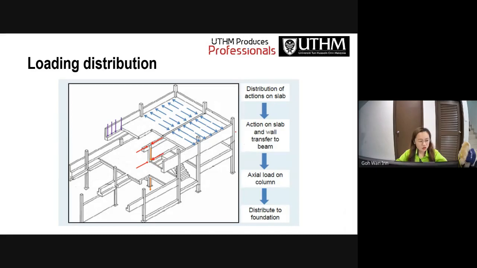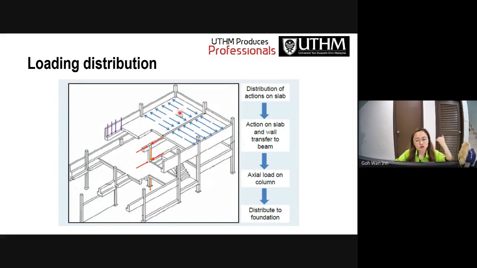Okay, so now we go to the loading distribution, the distribution of action on slab. So for this slab, you need to determine first if it is a one-way slab or two-way slab. Now it's showing like this, which means it's a one-way slab, going in this direction, left and right.